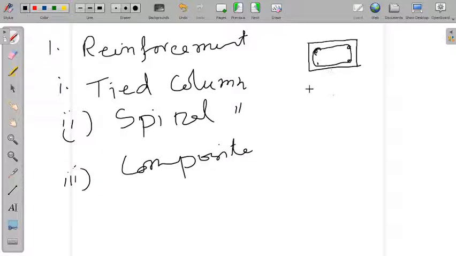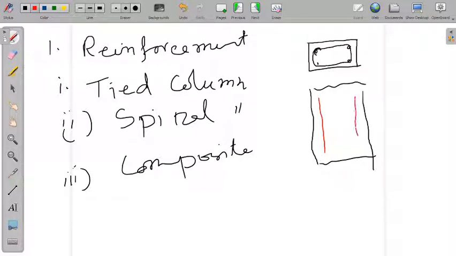Now, if I draw this column in longitudinal section, this column will have longitudinal reinforcements. I am showing them in red color. Then it will have transverse reinforcement, which I am showing in green color.